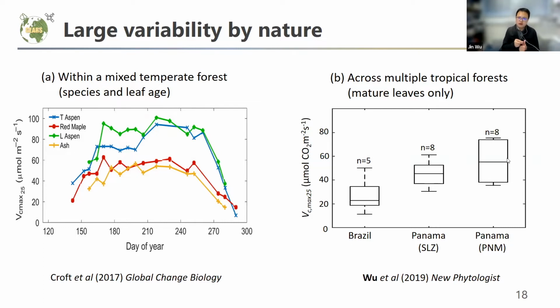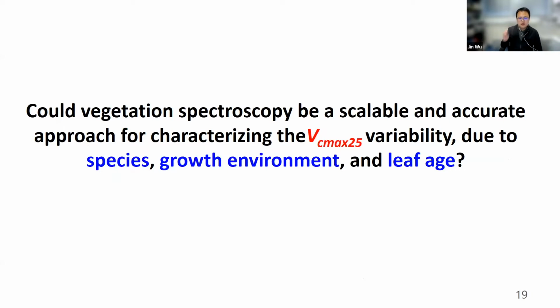So Vmax is so important, but it can vary with species, genotype, leaf age, and growth environment. That creates a lot of challenges for monitoring. And we also cannot survey all the trees in the world, right? So this is a really challenging monitoring problem.